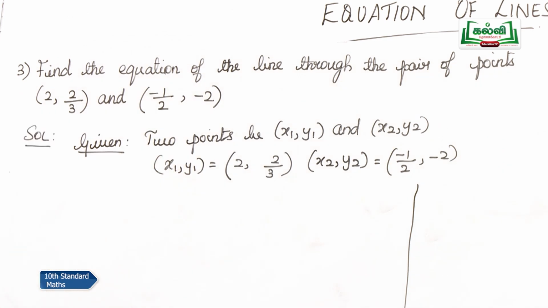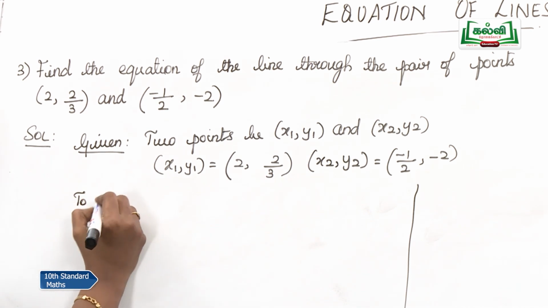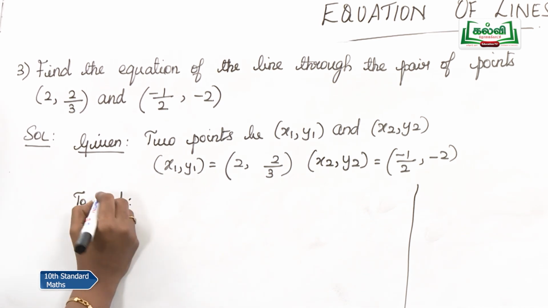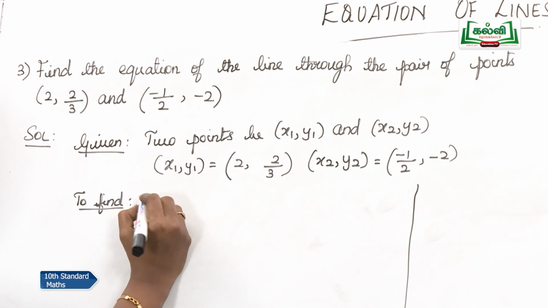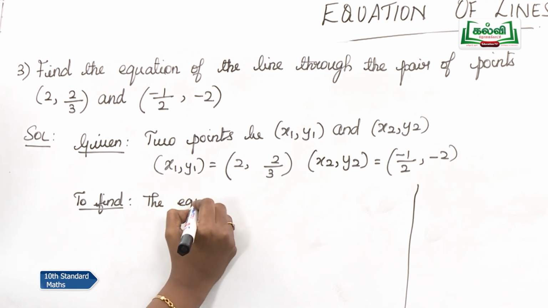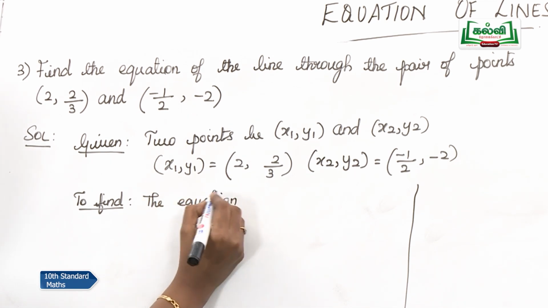It's a very simple question because looking at the question itself, you can say what type of equation you have to use. Very good. So you have to use the 2-point form. So what do I need to find? I need to find the equation of the line.